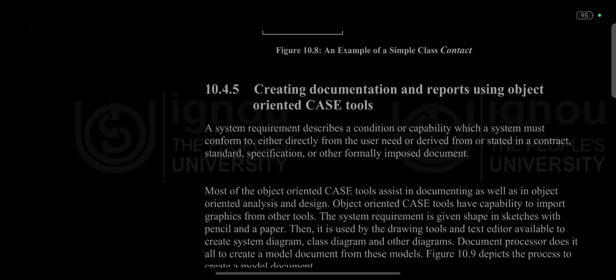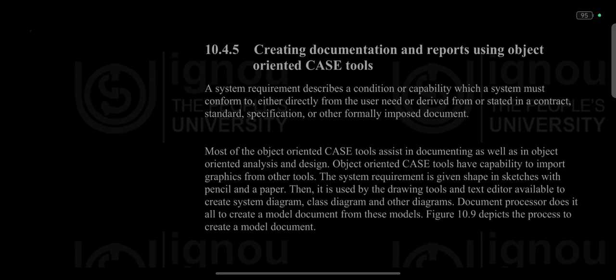Then we have creating documentation and reports using object oriented CASE tools. A system requirement describes the condition or capability which a system must conform to, either directly from the user need or derived from or stated in a contract, standard, specification, or other formally imposed document.